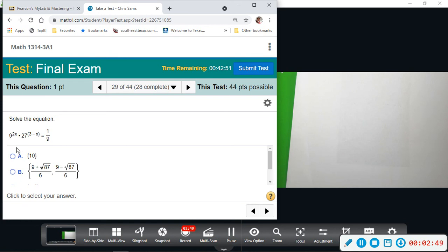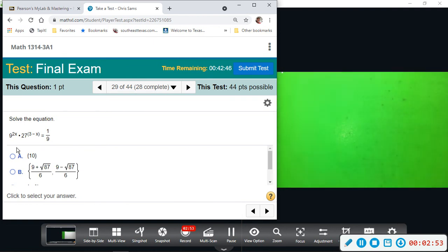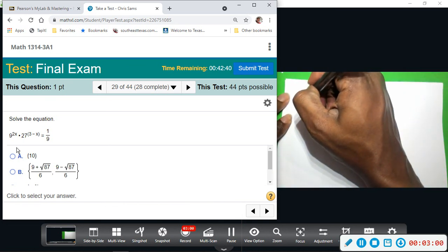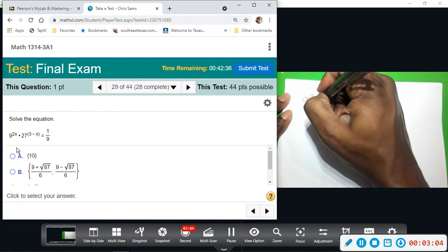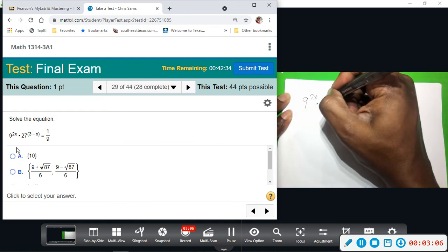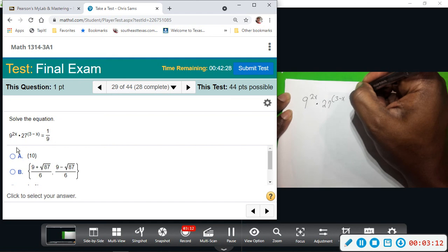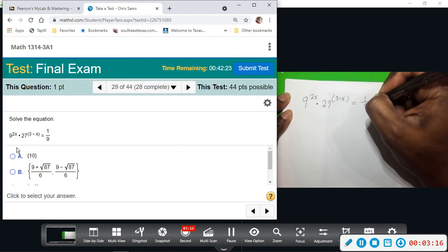That would probably be the easiest thing to do with the exponential form. So we have 9 to the 2x times 27 to the 3 minus x power equals 1 over 9.